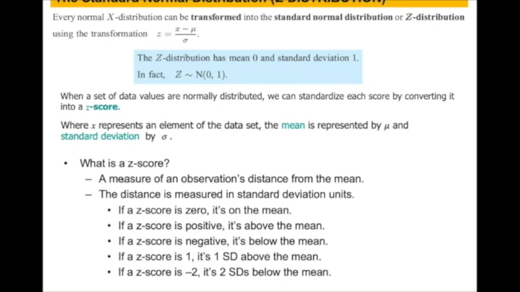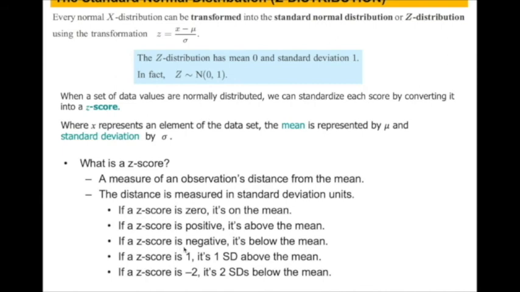What is a z-score? It is a measure of an observation's distance from the mean. How far it is from the mean. The distance is measured in standard deviation units. If a z-score is 0, then it is on the mean. If a z-score is positive, it is above the mean.